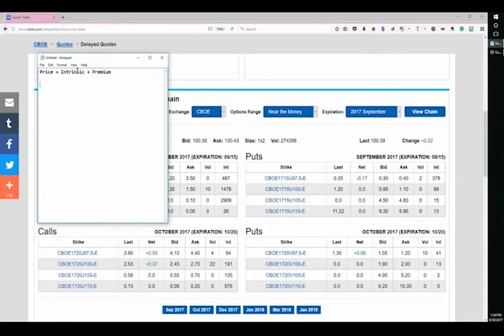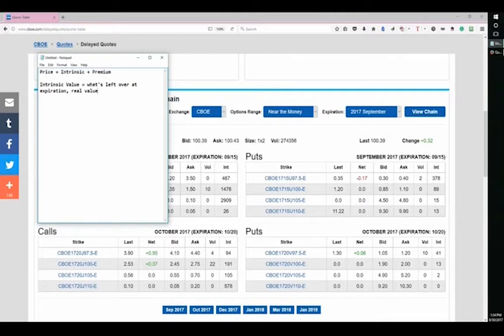A good way to think of intrinsic is what's left over at expiration. Some people call it the real value of the option, the actual tangible value. If an option's in the money, it's going to be worth something at expiration. If it's at or out of the money, it's going to be worth nothing at expiration. It's all intrinsic value.